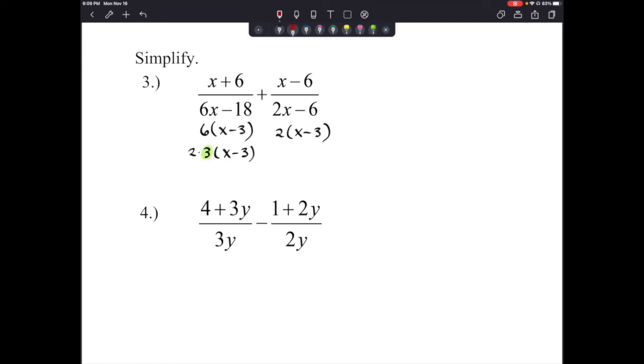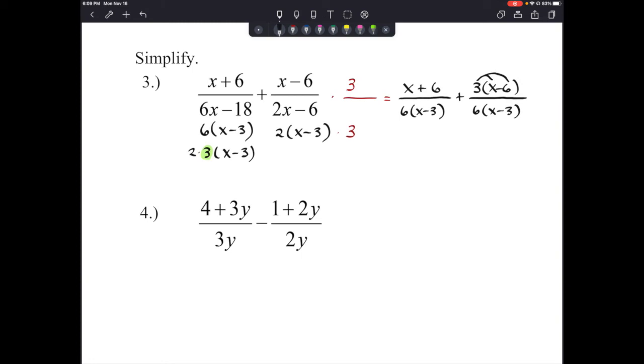So let's just go ahead and multiply the bottom times a 3 and the top times a 3. So what we're looking at here is, first of all, we didn't change our x plus 6. It's still x plus 6, and we can leave it as being over 6 times the quantity of x minus 3 plus, we've got 3 times the quantity of x minus 6 on the top of our right fraction, and on the bottom we have 6 times the quantity of x minus 3.